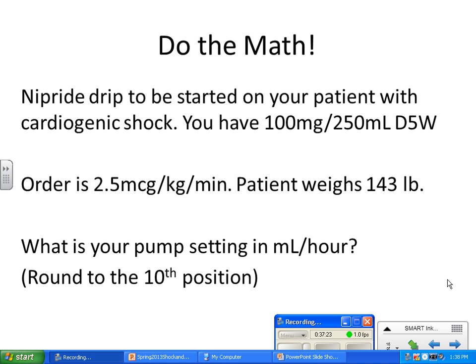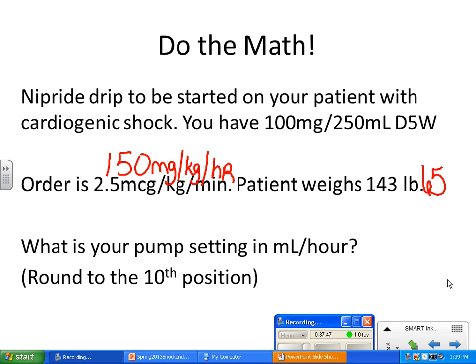So, pounds to kilograms. So what does he weigh in kilograms? 65. What else do we have to convert? Micrograms per minute to micrograms per hour. So how many micrograms per hour? So it's 150 micrograms per kilogram per hour.